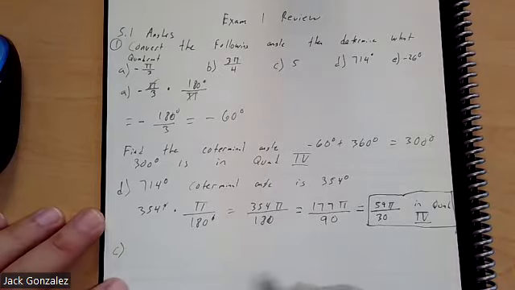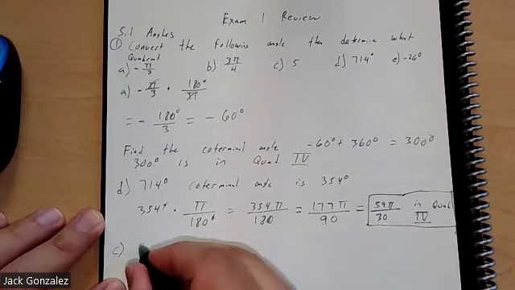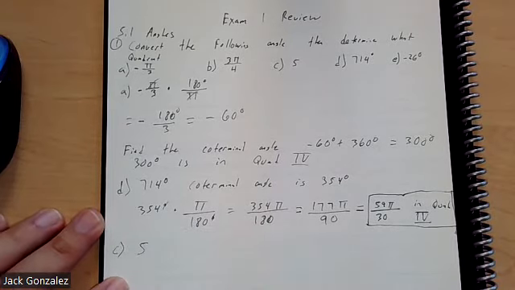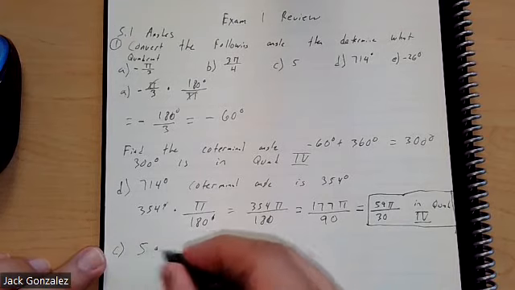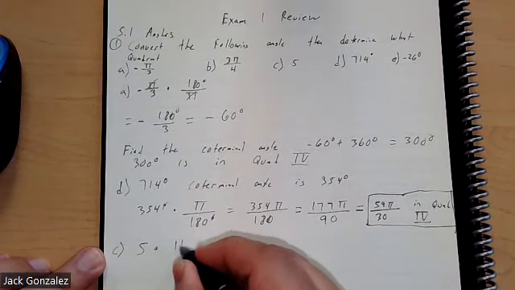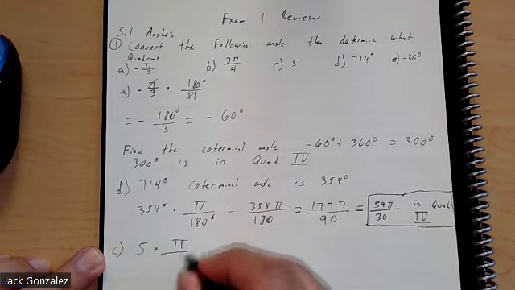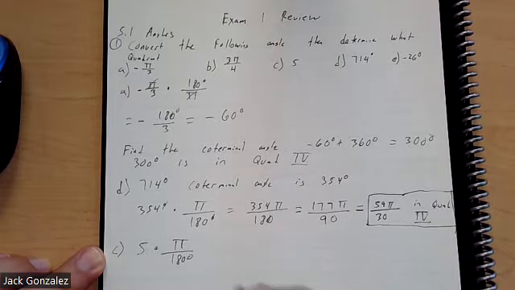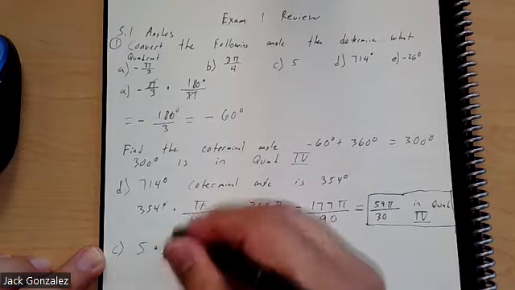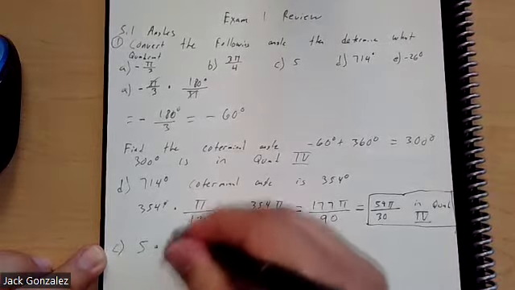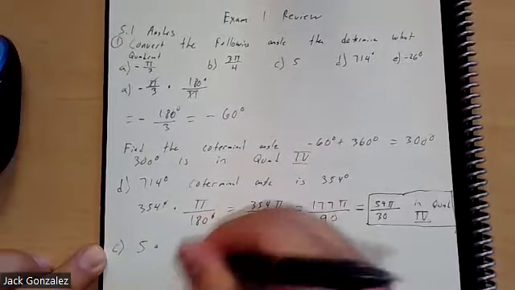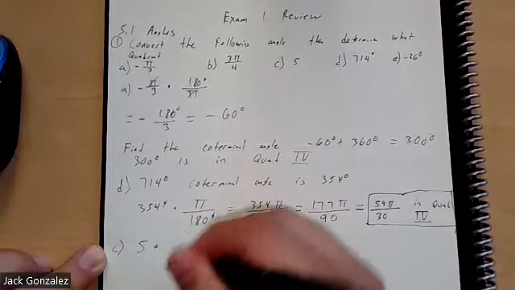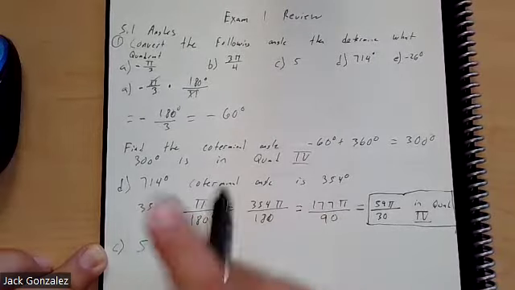So just adjust it. Okay, this is 5 radians. So there is no degree symbol. Assume radians. So multiply by pi over 180. Oops, that's backwards. I want to cancel the pi, but there is no pi.